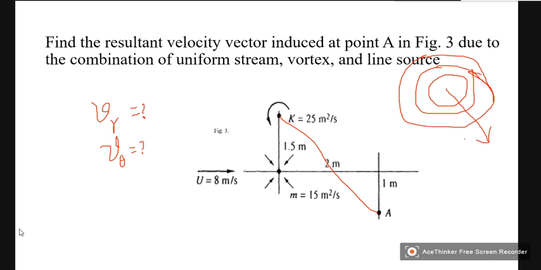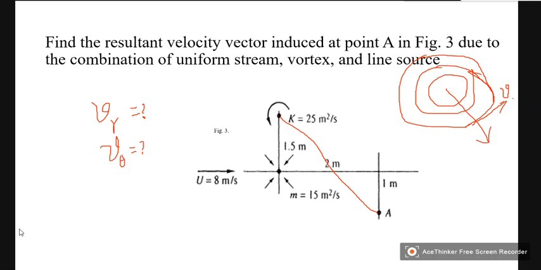Anti-clockwise, sir. Anti-clockwise, but what is that velocity known as? Angular velocity, sir. No, it is not called angular velocity. It is called circumferential velocity or tangential velocity. It will be tangential to the radius.